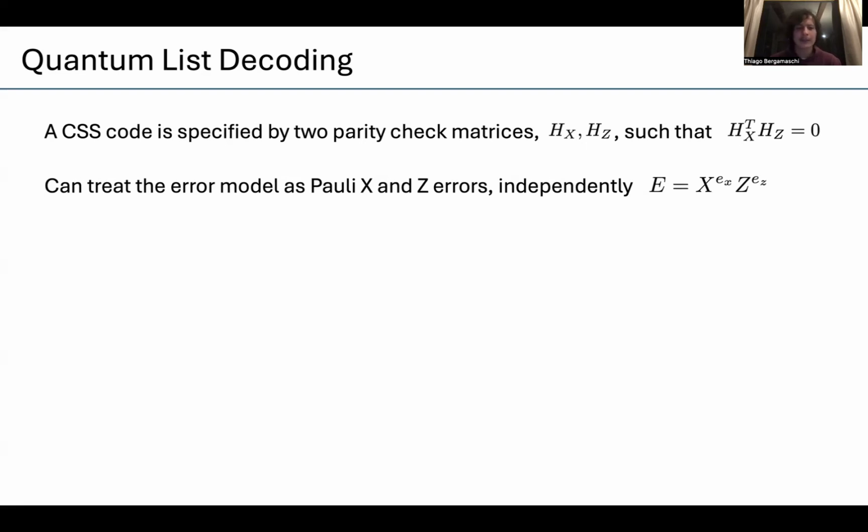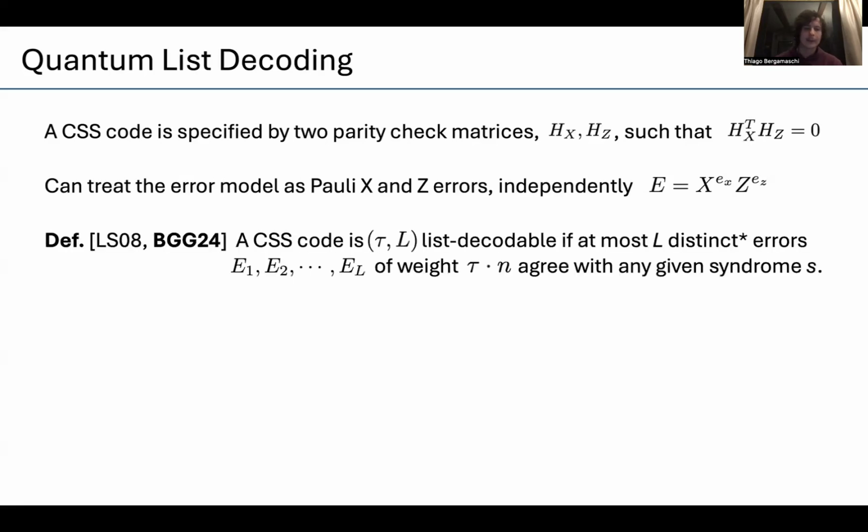Now, what's quite nice about them is that we can treat their error model in terms of a discrete set of errors, namely the Pauli errors. And these can be understood as a combination of bit flip errors X and phase flip errors Z.